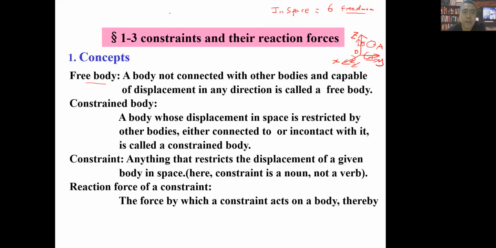For many force systems, we will focus on a coplanar force system, which in space is a generalized problem, but we always put our problems into a plane, a coplanar force system.